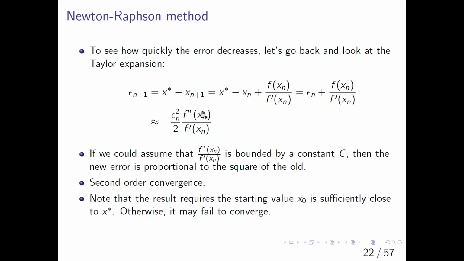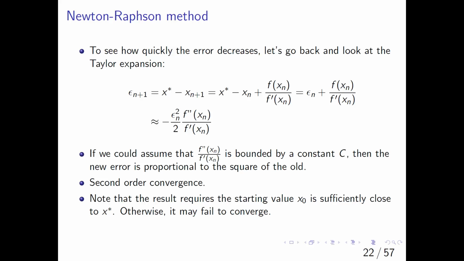So what does this mean? It means the approximation error at the next step is proportional to the second power of the current approximation error. Let's say if the current error is 0.1, then the approximation error at the next step will become 0.01, because 0.1 times 0.1 is 0.01.